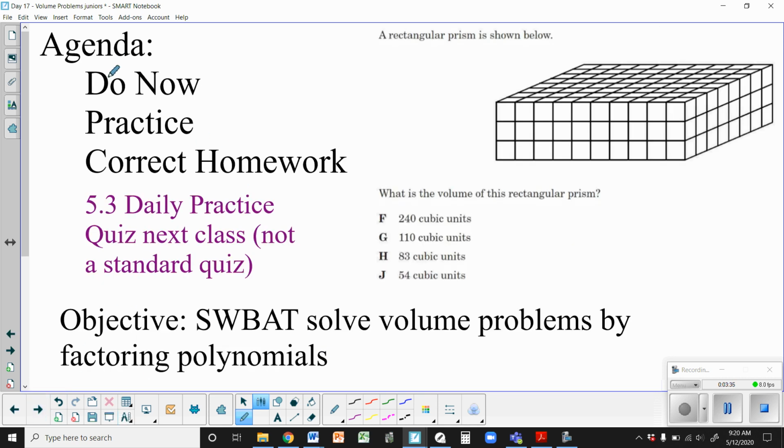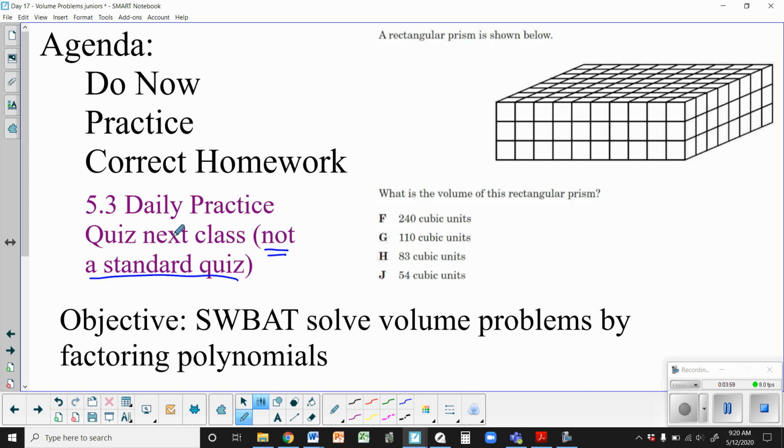So today our agenda, we're going to be doing some practice, and we're actually going to be looking at a problem kind of like this, but more with polynomial things. And then we'll correct our homework. Notice that on Thursday and Friday, we're going to have a daily practice quiz. It's not a standard quiz. It's just going to be kind of like a homework assignment in a quiz format.